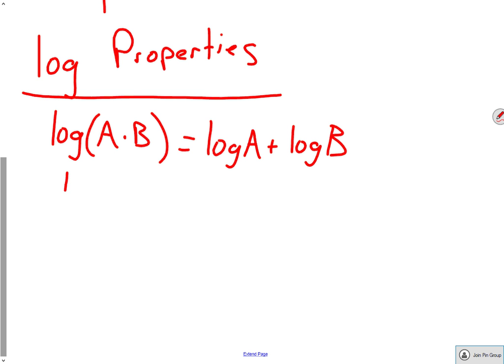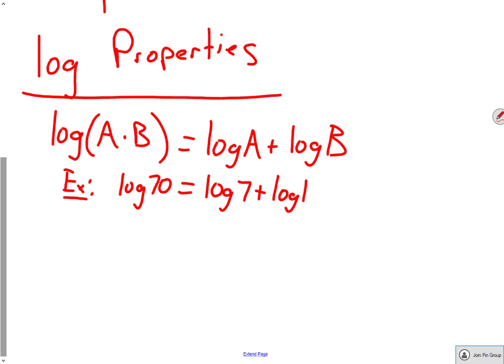For example, this is more pre-calc 30 stuff, but log 70 can be written as log 7 plus log 10, because 7 times 10 is 70, right? So multiplication and addition.